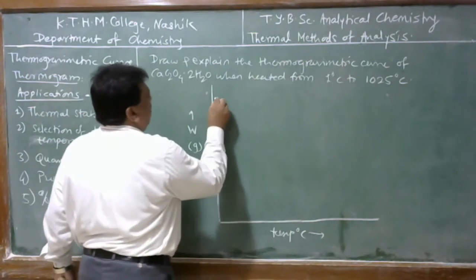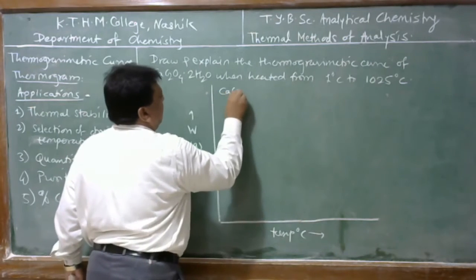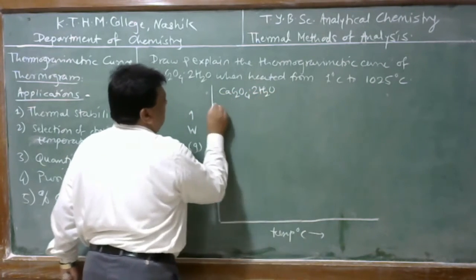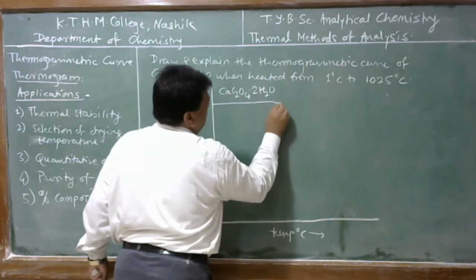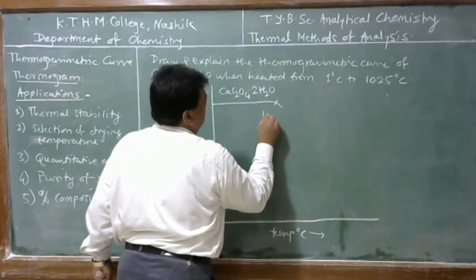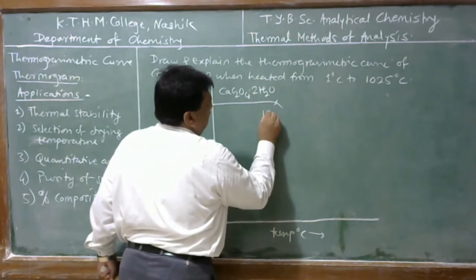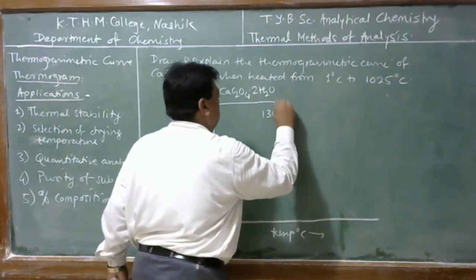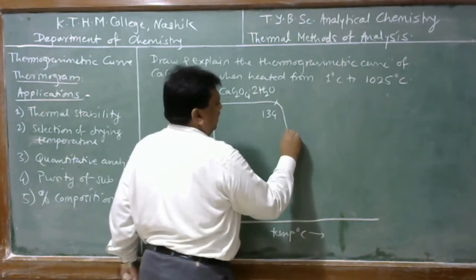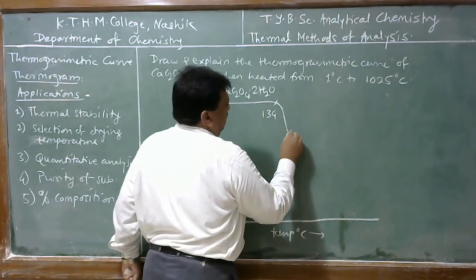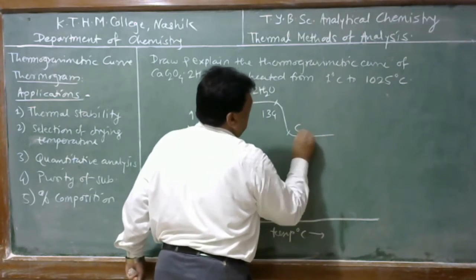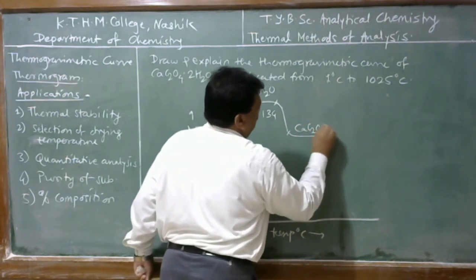Here calcium oxalate is generally obtained in dihydrate form, and this calcium oxalate is stable up to temperature 134 degrees centigrade. After that, if temperature is more than this, it undergoes decomposition to anhydrous CaC2O4.